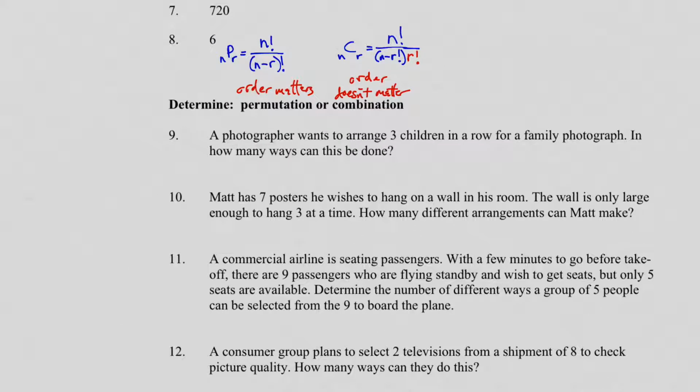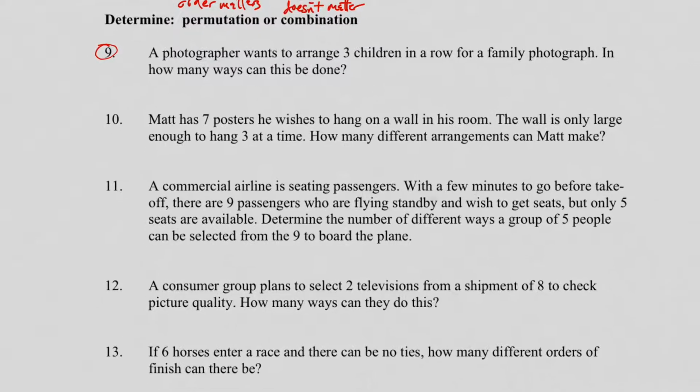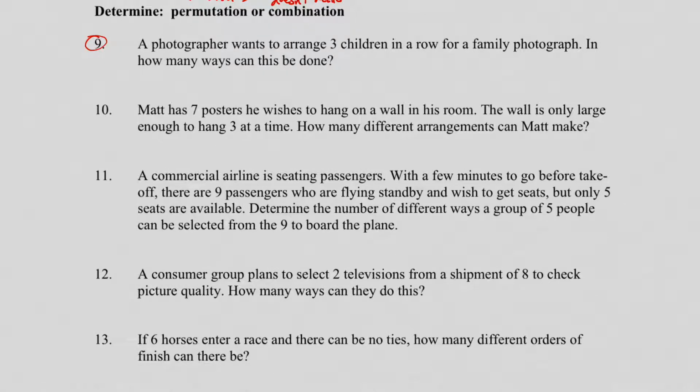Okay, so let's take a look at number 9. So I'm going to do the odds. Okay, so order matters. So we're taking 3 children and arranging them in 3 different ways, or 3 at a time.